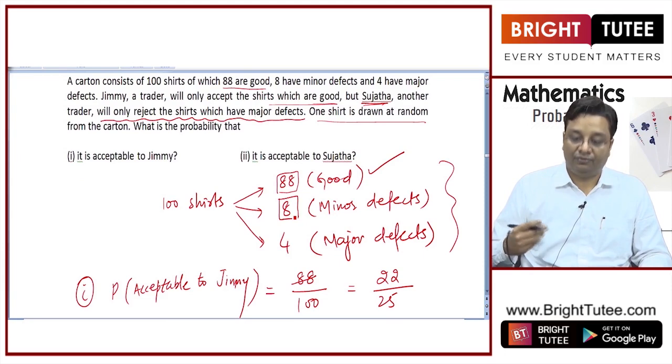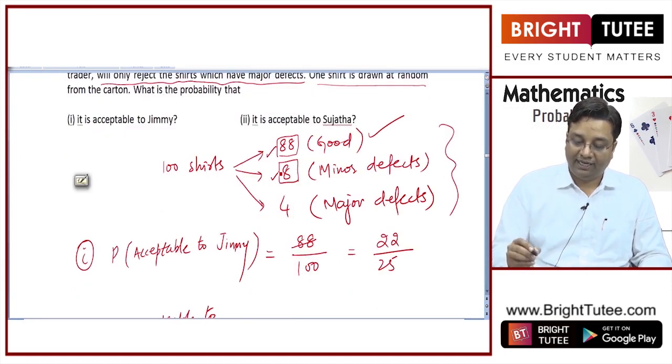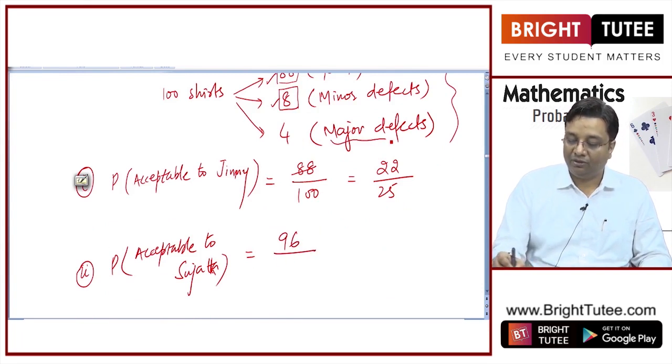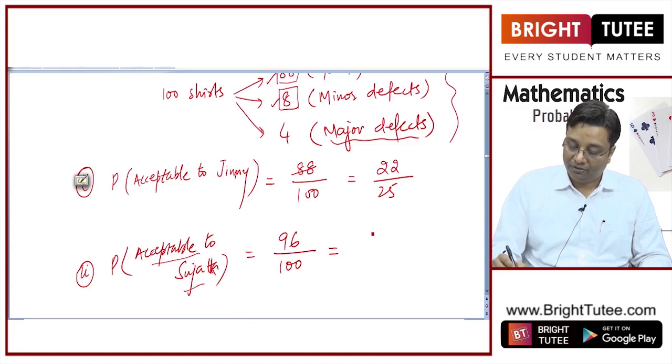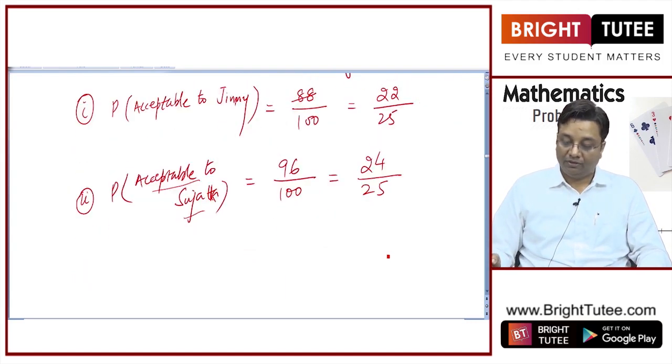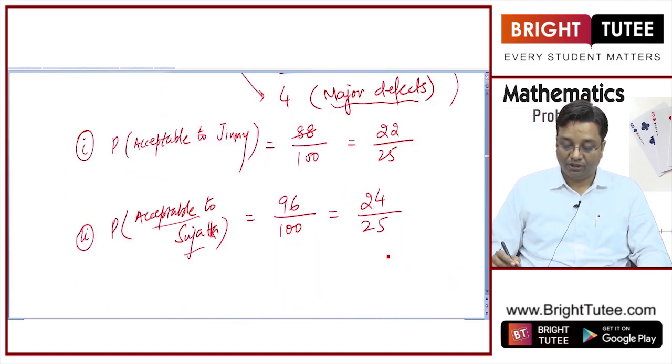So, what is the total number of favorable cases? 88 plus 8 here, which is 96, and she will reject only these shirts. So, what is the total number of cases? 100. So, this is the probability that the shirt will be acceptable to Sujata. You can further simplify it by dividing by 4 in numerator and denominator both. 24 by 25 it is, right.